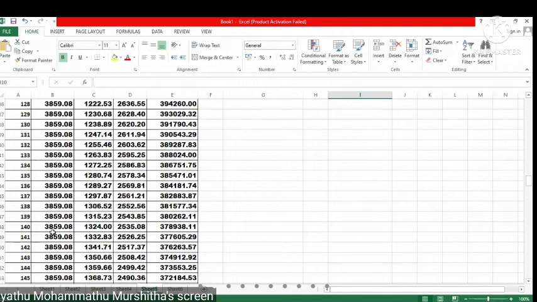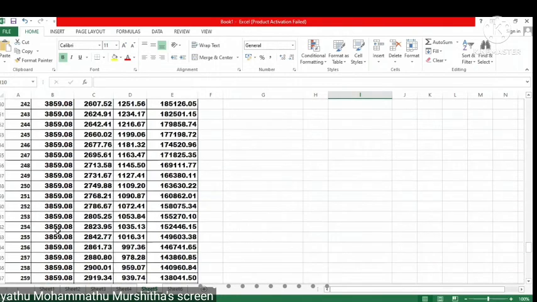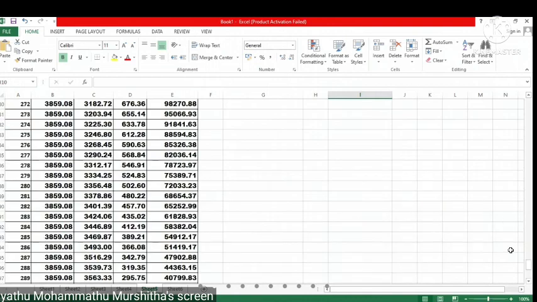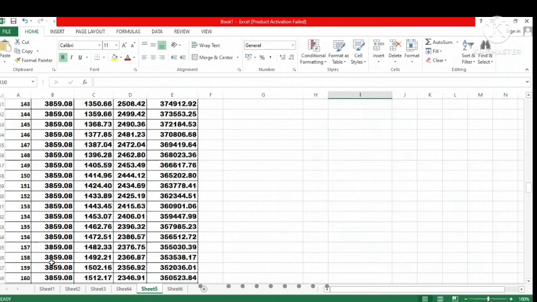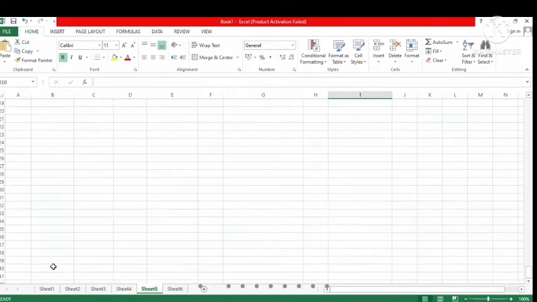So now we have calculated. Along 300 months, what is the total amount the person paid? You can see the person only borrowed 5 lakhs from the bank.